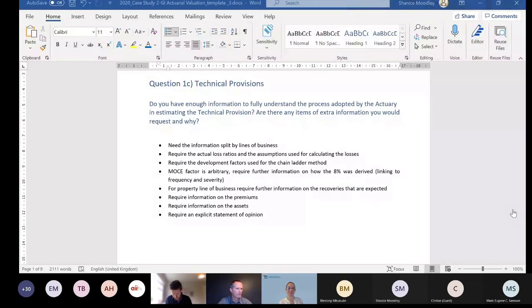Then when it comes to the report, we require the actuary at least to express their opinion on the financial soundness and the validity of assumptions, just to understand, after going through all the figures, what is the opinion of the actuary and the conclusions derived from the information that has been presented.